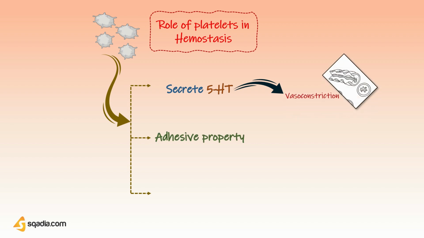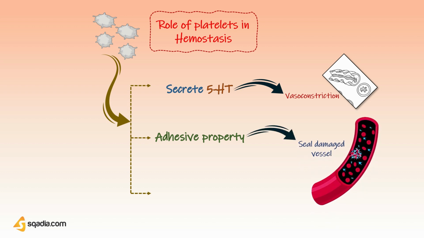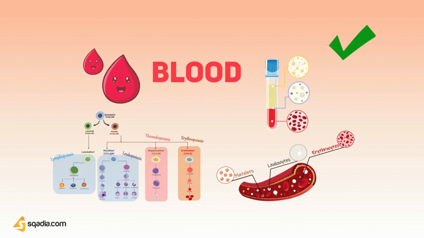Second, due to the adhesive property of platelets, they seal the damage in blood vessels, like capillaries. And third, by formation of a temporary plug, that is further strengthened by fibrin, the platelets seal the damage in blood vessels. This was all about the third formed element, that is platelets.